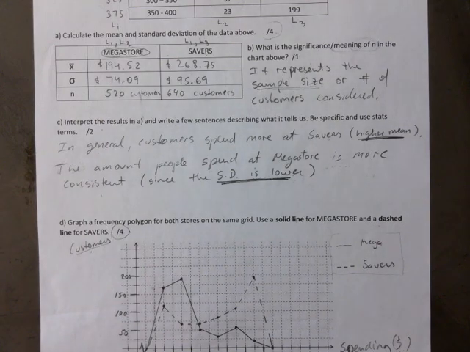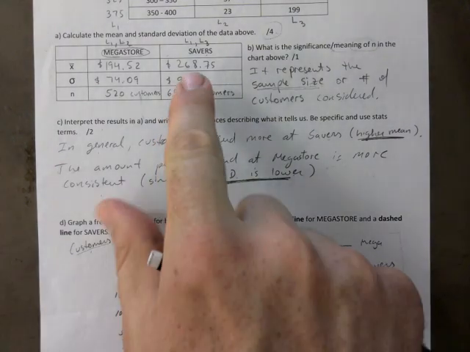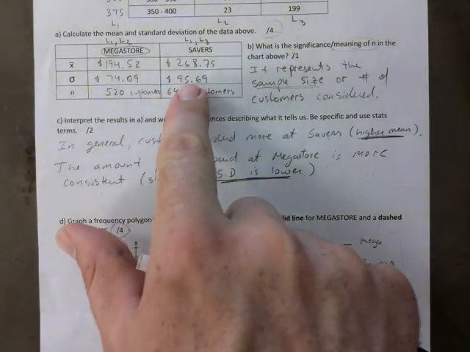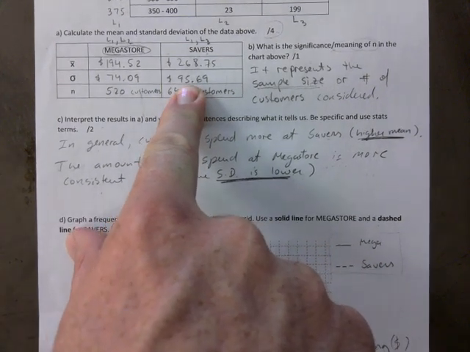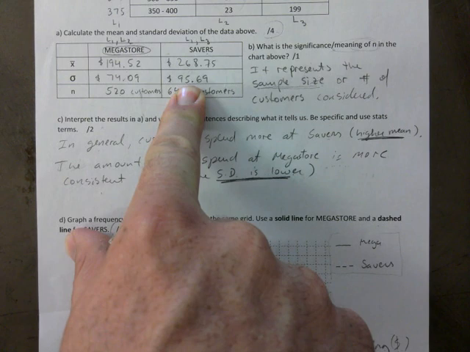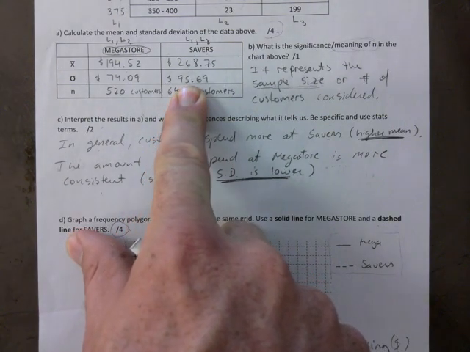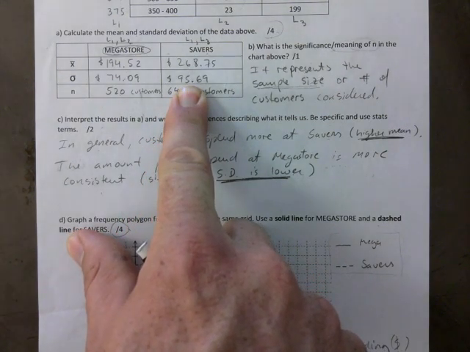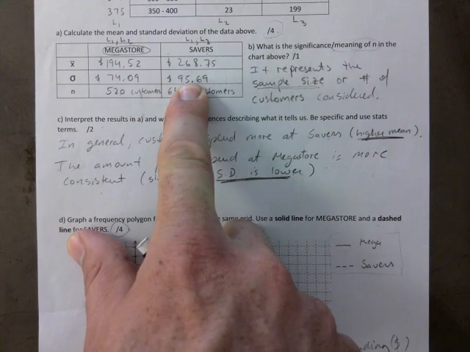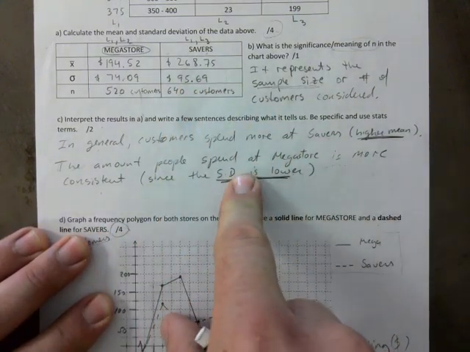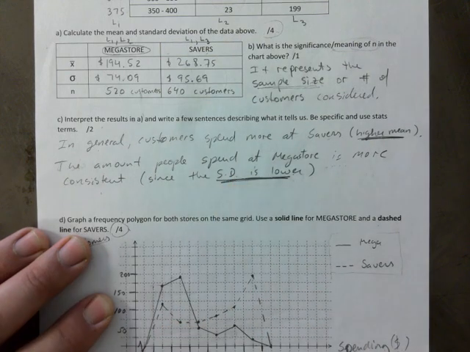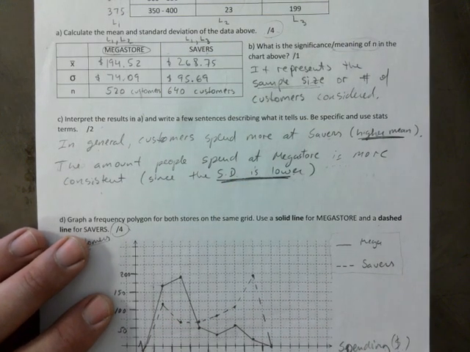If you said in general customers spend more at Savers, but it varies a bit more, or the spending amounts are inconsistent, I'm fine with that. You can come from either perspective. The main thing I'm looking for is, are you talking about the mean and are you talking about the standard deviation, right? And what does it tell us within the context?